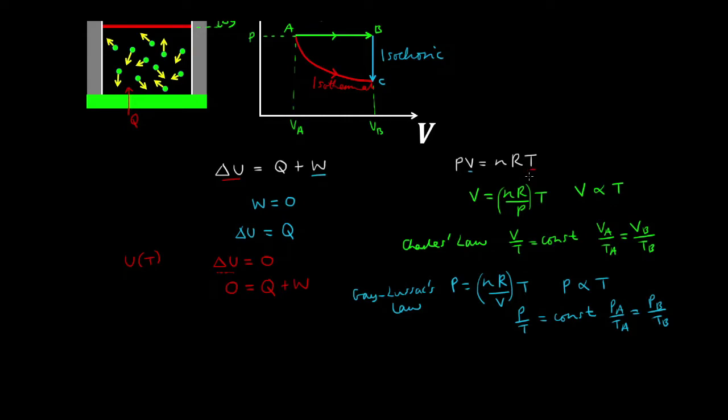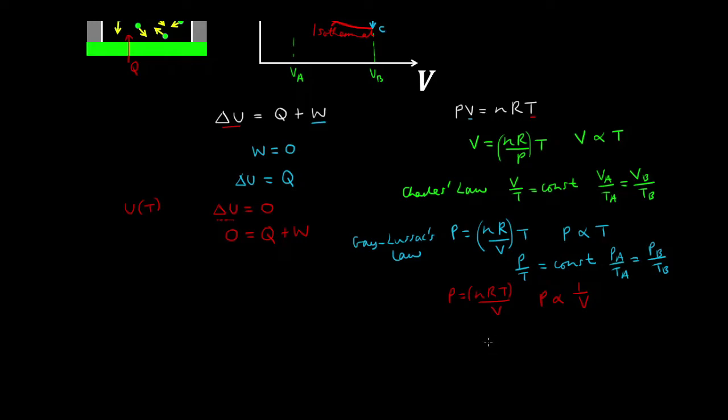So if the temperature is constant, pressure is equal to nRT on the volume. Given that the quantity of the numerator is constant in this case, the pressure is inversely proportional to the volume of the gas.